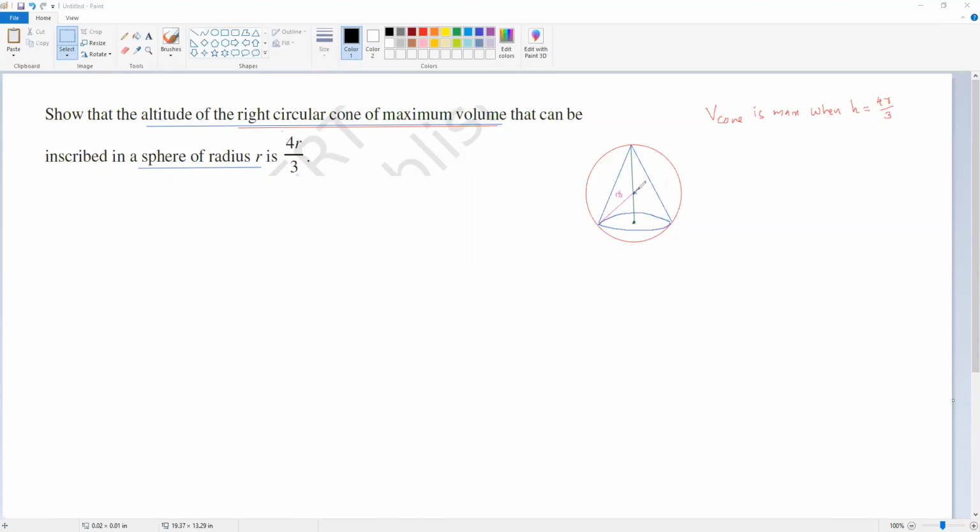So let this distance from O be x. तो कल भी हमने क्वेश्चन किया था. सो दिस डिस्टेंस को हम x कॉल करेंगे. सो बाकी जो r होगा, सो आपको मिलेगा height is equal to r plus x.